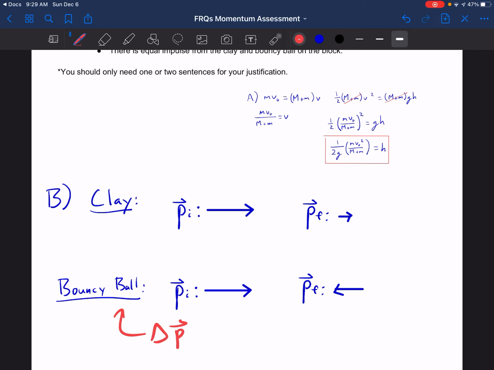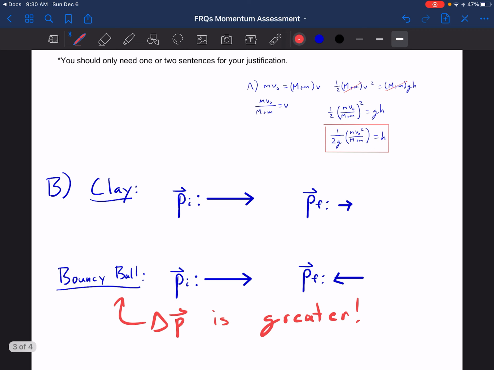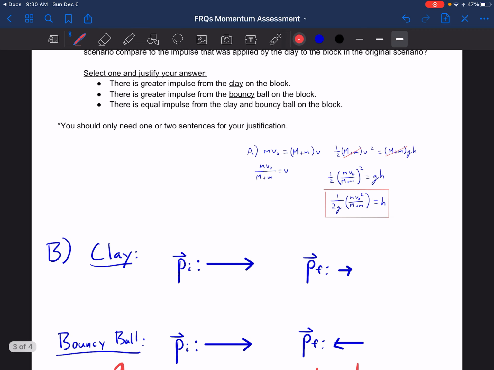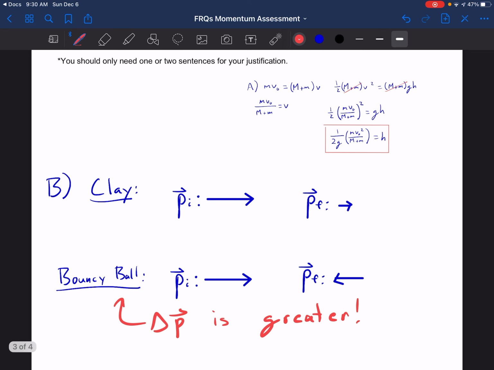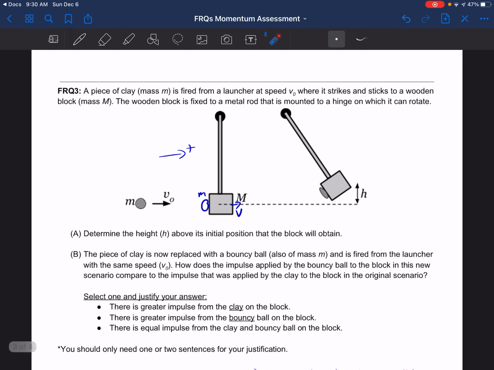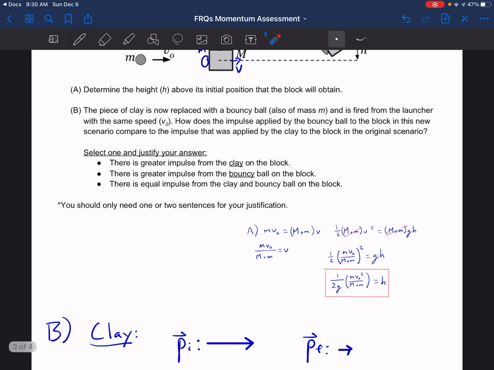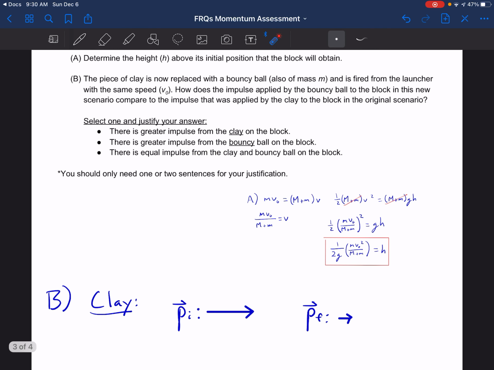Delta P is greater for the bouncy ball. And we know that the impulse of the bouncy ball will be the same as the impulse of the block, right? Because they're equal and opposite impulses applied to each other. So there is going to be more impulse applied from the bouncy ball on the block than from the clay.